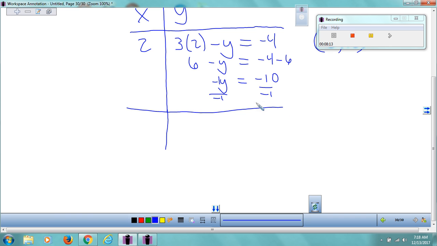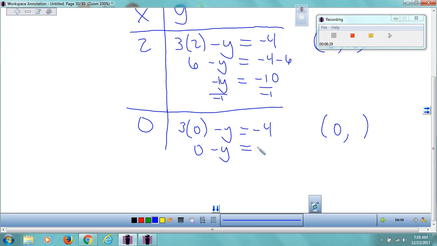And I would always recommend plugging in 0, okay? So 3 times x, 3 times 0, minus y equals negative 4, okay? So we're substituting 0 for x. 3 times 0 is 0. What's 0 minus y? Well, that's just negative y. And if you remember, what did we insert here?